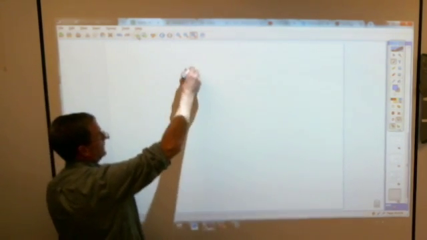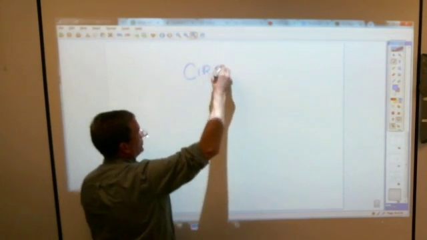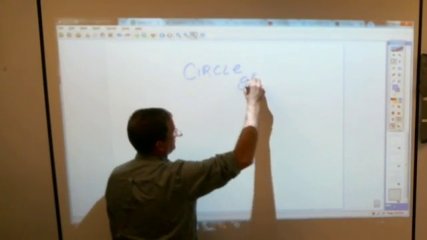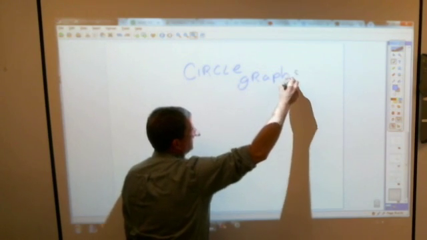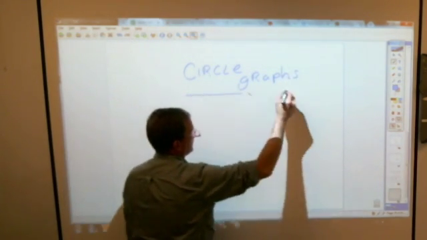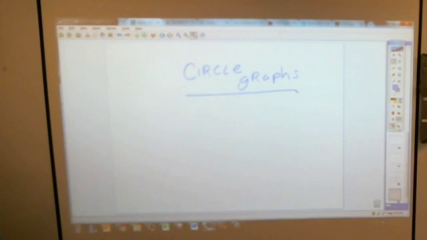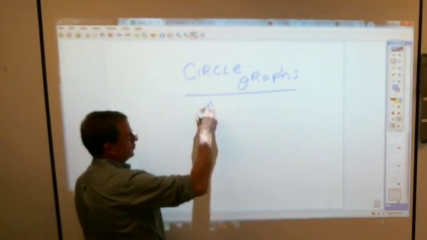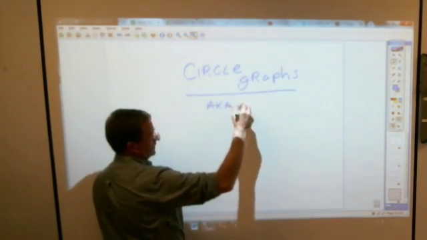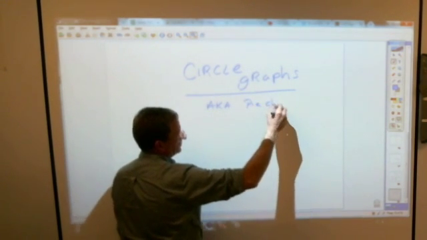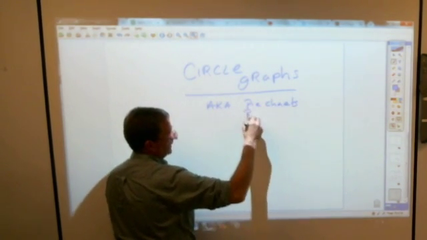Blank piece of paper. The other thing they talk about in this lesson is circle graphs. Circle graphs, or pie charts, or pie graphs, they are also known as pie charts, pie graphs.